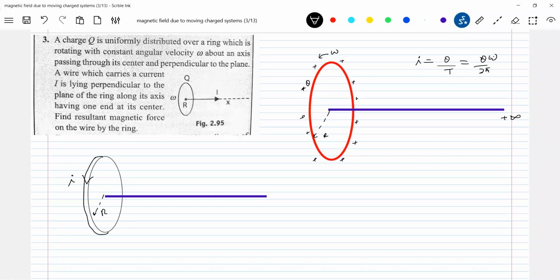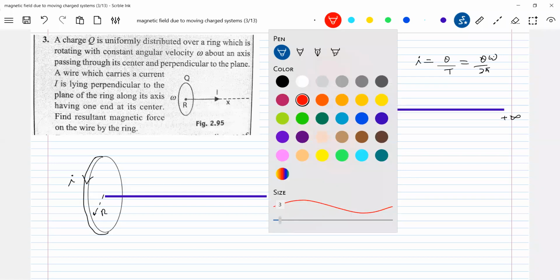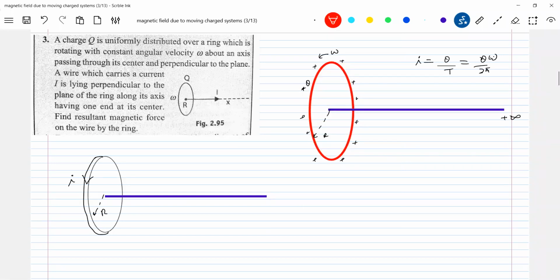And what is the magnetic field on the axis of the ring? What is the expression for the magnetic field on the axis of the ring? Let me calculate this. This I'll call 1, this 2. So B1 we will calculate, and the semi-infinite wire is carrying a current I. What is the formula for B1?